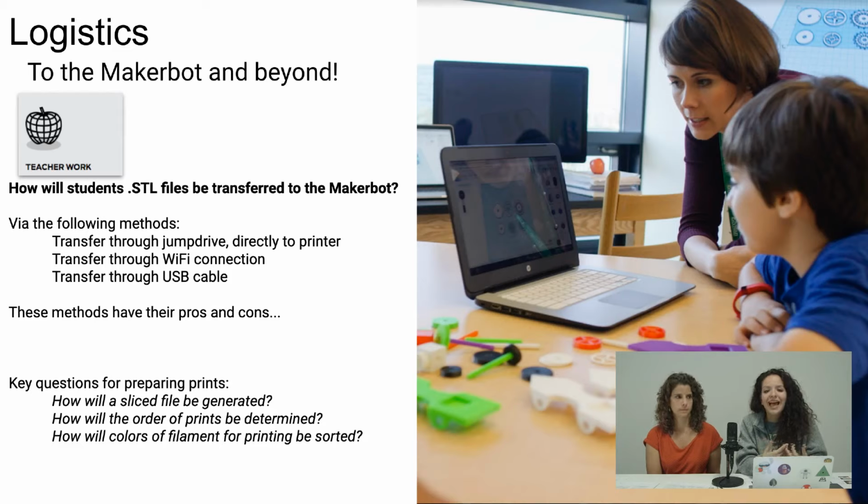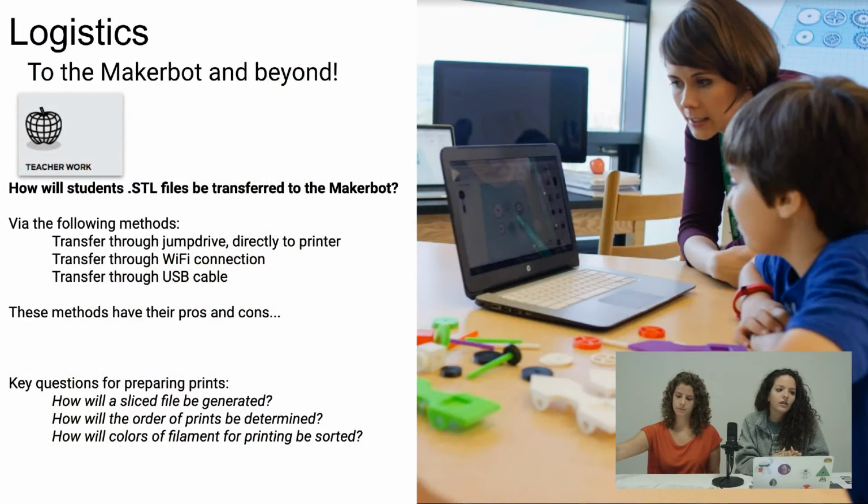So once the students have these STLs, how do we actually transfer them to our MakerBot printer? With the MakerBot printer, there's a variety of ways that you can send files to the printer. It can be through a jump drive, which is the most direct way to do it. You save your sliced STL file to your jump drive, you take it directly to the printer, and you hit print. So super easy, right?